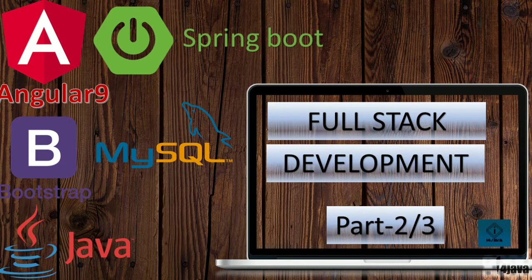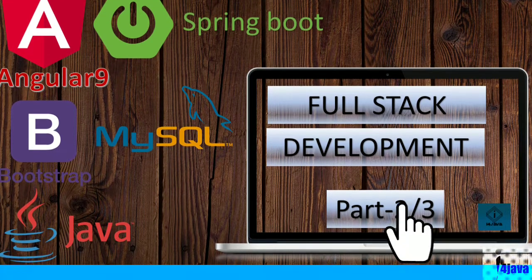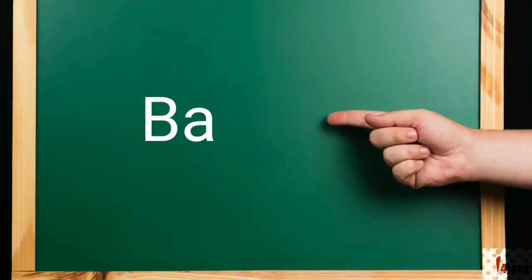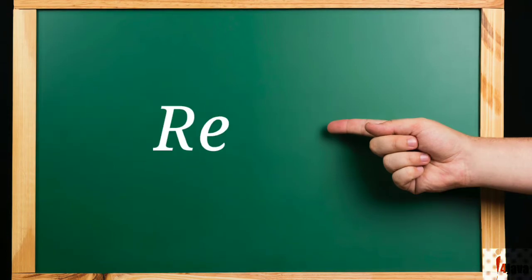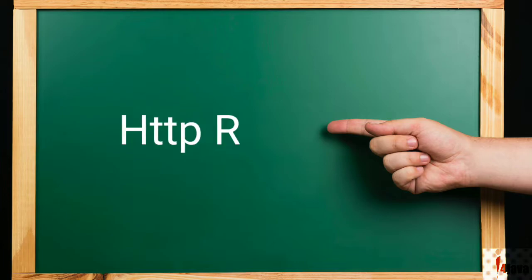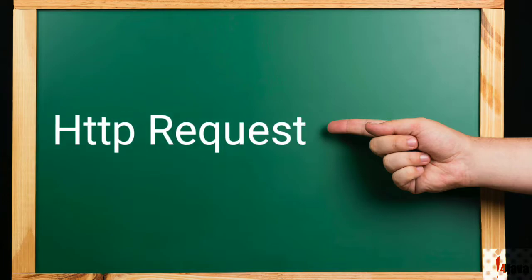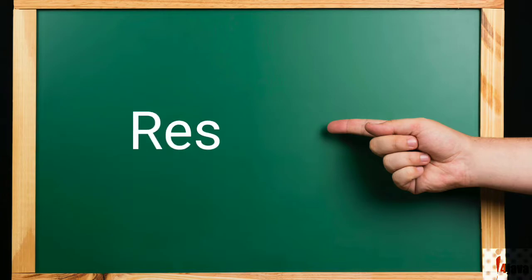This is a continuing series of full stack application development using Spring Boot, Angular and MySQL. Part 2. In this part 2, we are working on backend development where we will develop one REST API and, by sending HTTP requests from Postman, we will check the appropriate response.